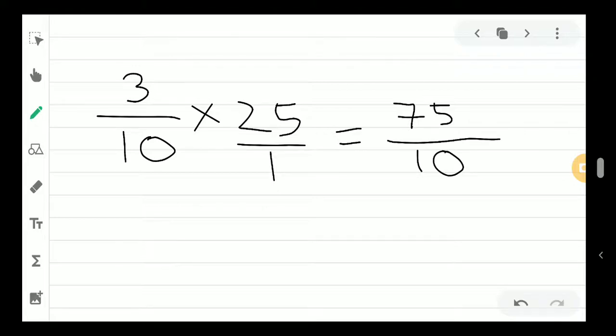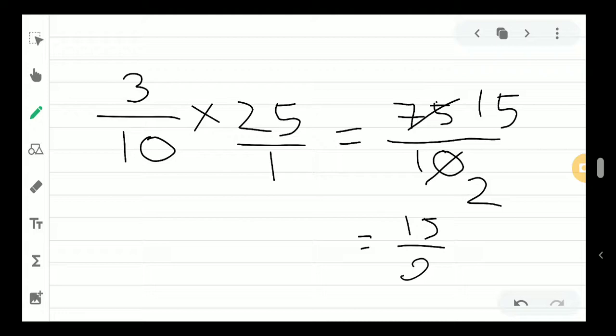So finally we are getting this answer. But can we see that this 75 and 10 can be taken to their lowest terms? Yes, of course. If we divide both of them by 5, 5 twos are 10 and 5 fifteens are 75. So finally our answer will be 15 by 2. So this way we can do it, right?